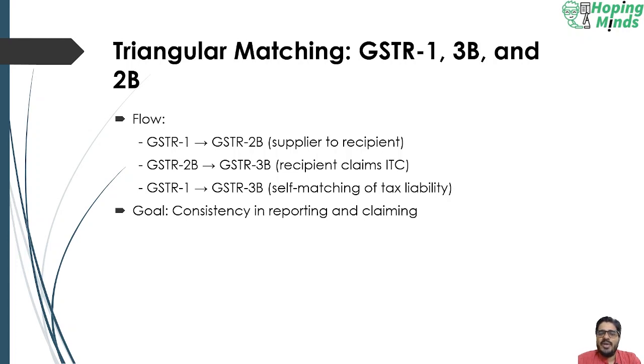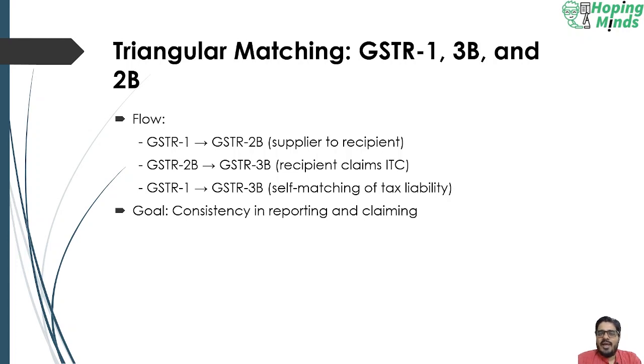Then GSTR-2B and GSTR-3B, we claim the input tax credit in GSTR-3B based on the GSTR-2B that is auto-populated from the supplier's GSTR-1 return. And finally, GSTR-1 and GSTR-3B, our sale invoices in GSTR-1 must reflect in the taxes paid in GSTR-3B return.